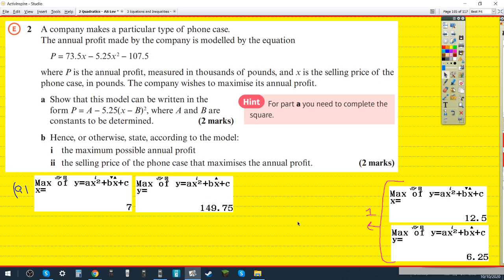Okay. So is the A max 7? The x of the maximum is 7, and so that goes in the bracket with the x. Oh, okay. So 149, would that go in A? Oh no. Yep. 0.75. That's the y.